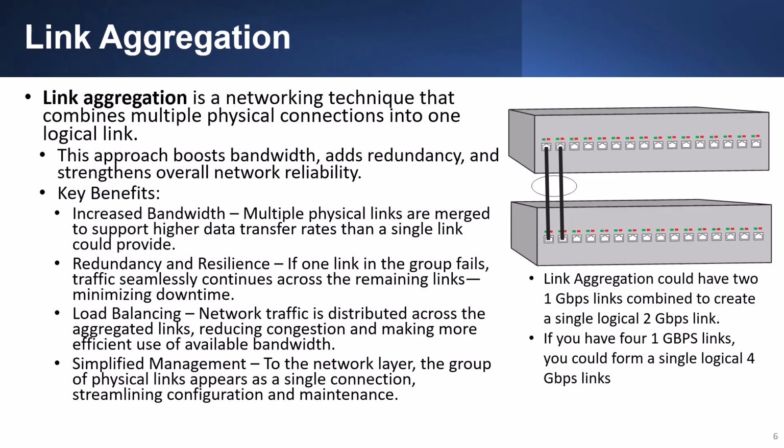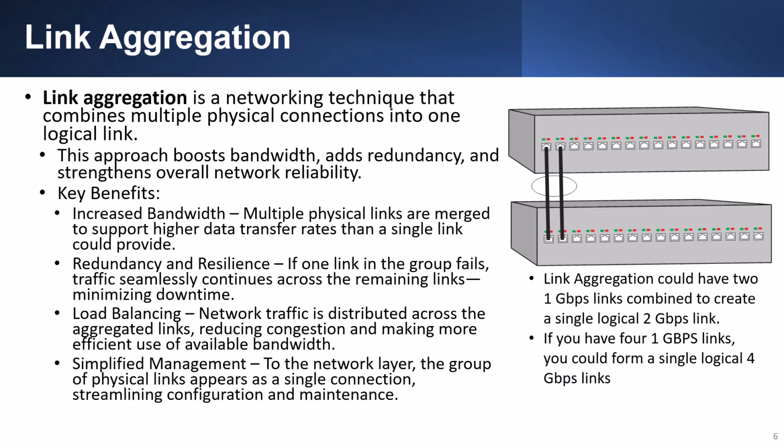Link aggregation is a networking technique that combines multiple physical connections into one logical link. This approach boosts bandwidth, adds redundancy, and strengthens overall network reliability. Key benefits include increased bandwidth, where multiple physical links are merged to support higher data transfer rates than a single link could provide.